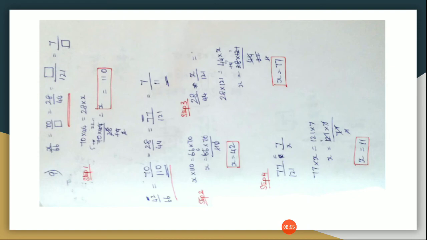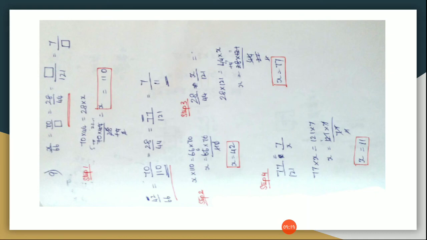Same method here. Once we have arrived at the answer for x, now you just check x by 66 is equal to 70 by 110. Look at step 2. I have applied the answer here, 70 by 110, and keeping this as x, I am solving and finding out the answer, and above 66 we will be getting 42.